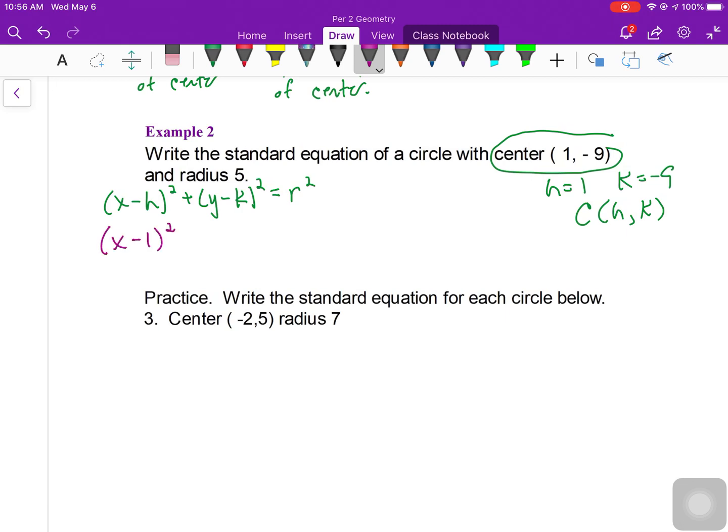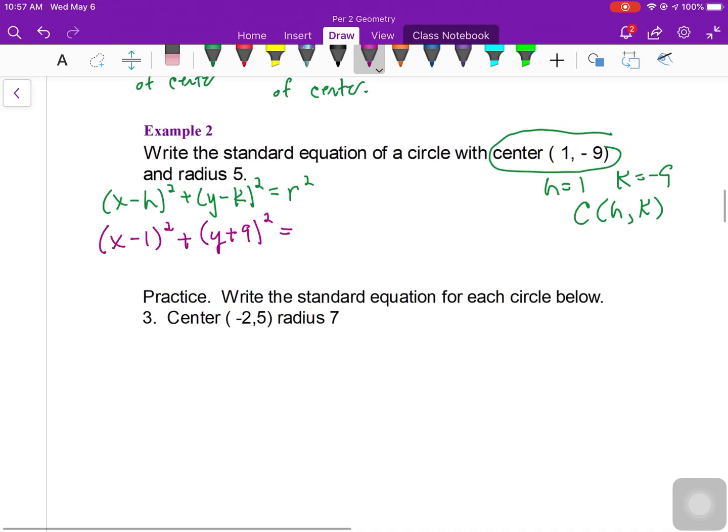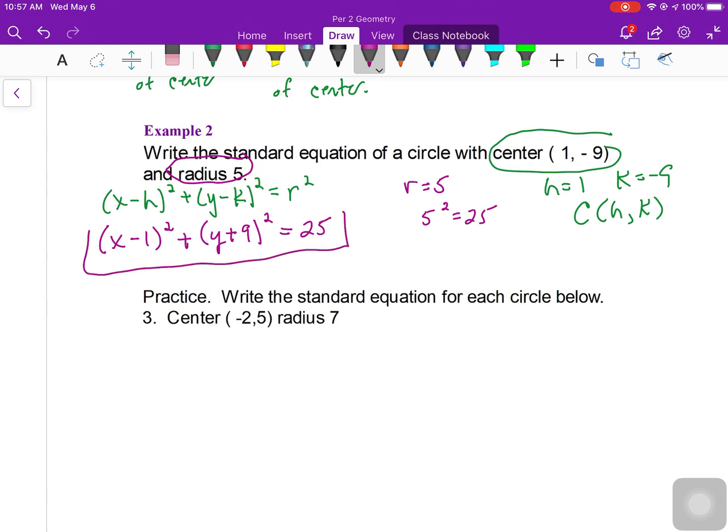On the left side, we will have x, and then the opposite of h would be (x - 1) squared. With the y, we need y, and then the opposite of -9 would be (y + 9) squared. The only thing that remains is the radius squared. The radius was given to be 5, so I need 5 squared, which is 25, and that goes on the right side.